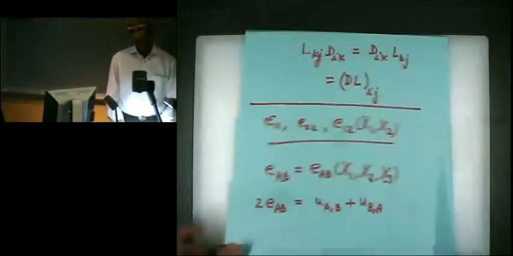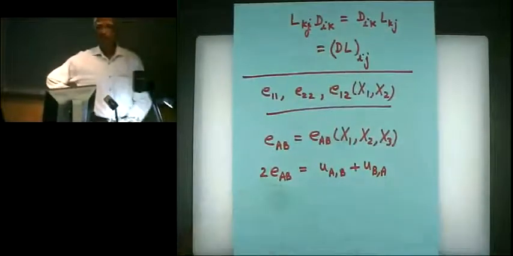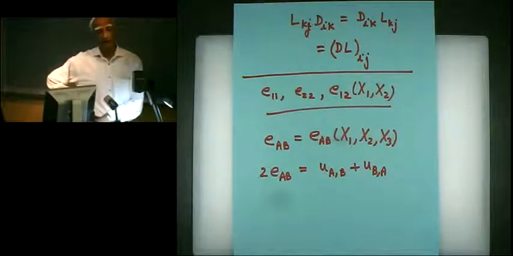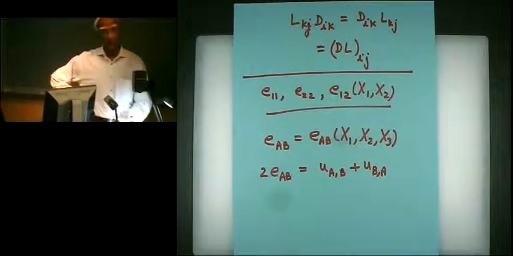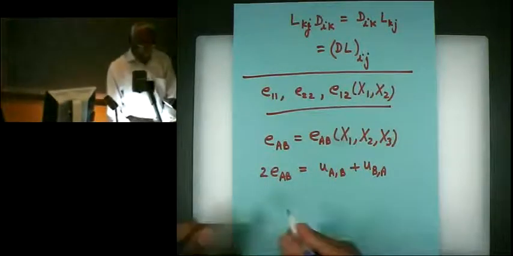Now, if we go further, we have 6 equations, because all 6 components of strain are known as a function of big X1, big X2, and big X3, and we have only 3 unknowns. So how many compatibility conditions will we need? 6 minus 3, so we need 3 compatibility conditions.